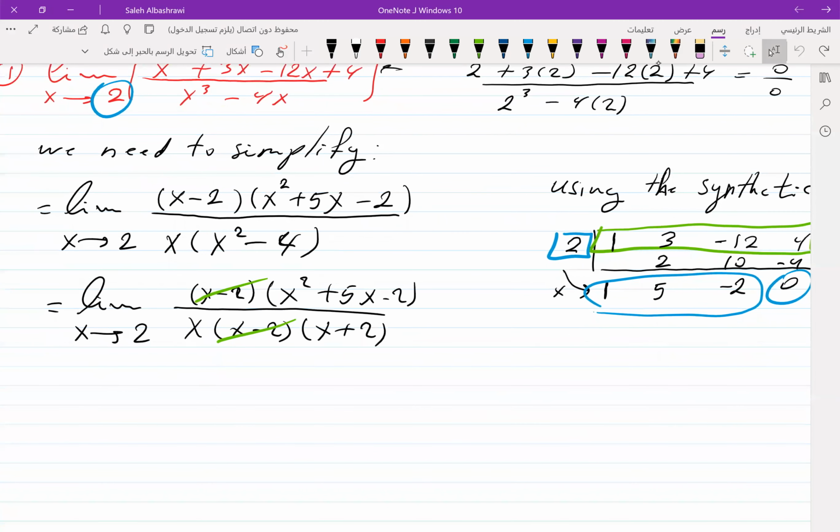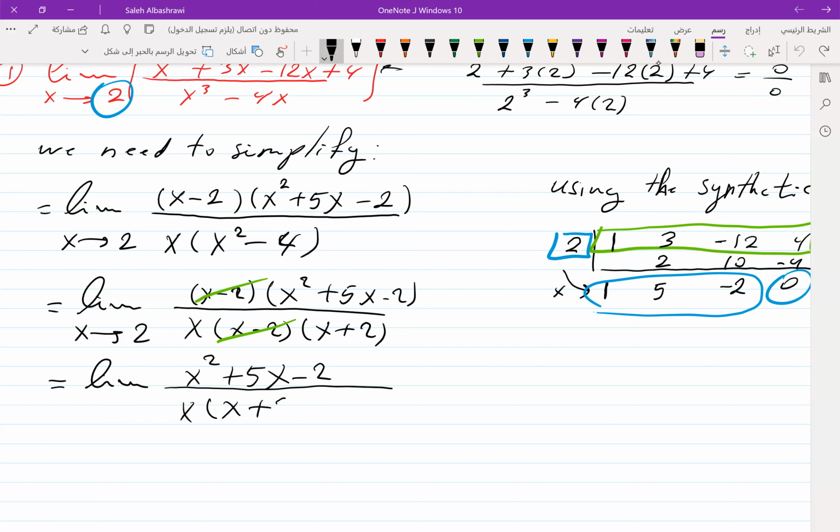So this will give me the limit of x squared plus 5x minus 2 divided by x multiplied by x plus 2 as x goes to 2. Now replace x by 2. For the numerator it is 4 plus 10 minus 2.